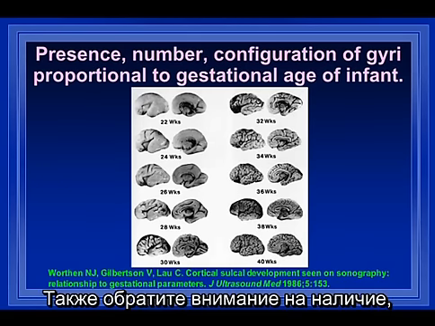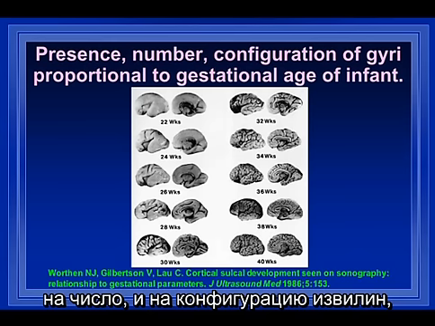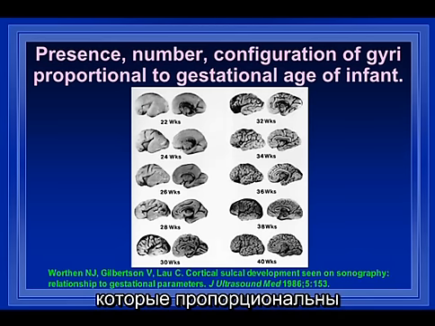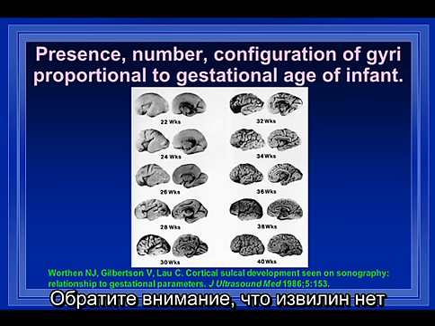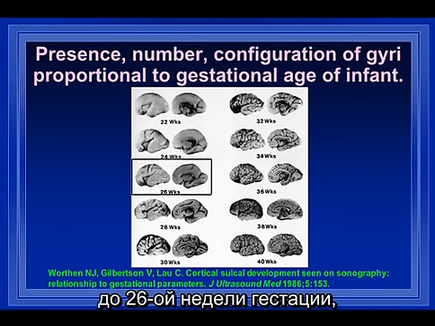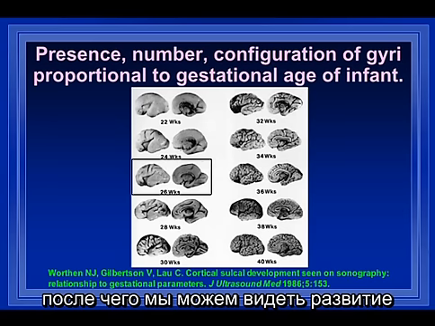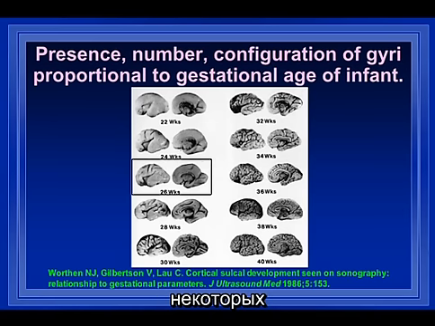Also consider the presence, the number, and the configuration of the gyri, which are proportional to the gestational age of the infant. Notice that it is not until 26 weeks gestation that we begin to see the development of the cingulate sulcus and gyrus.